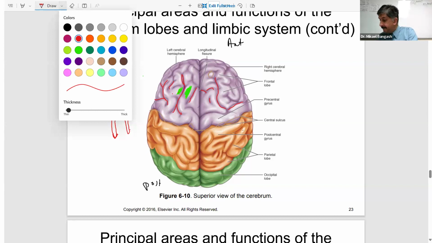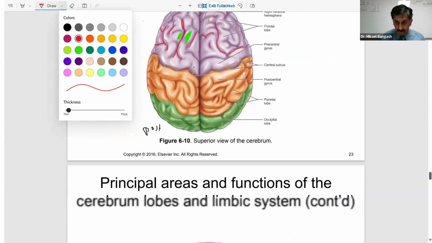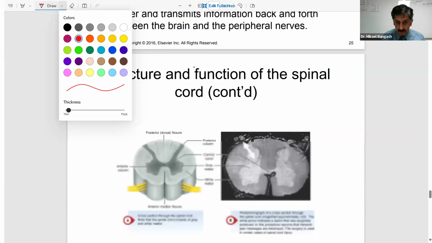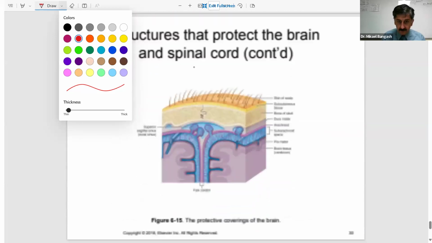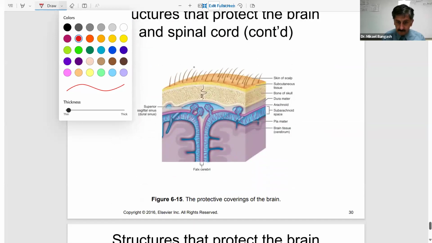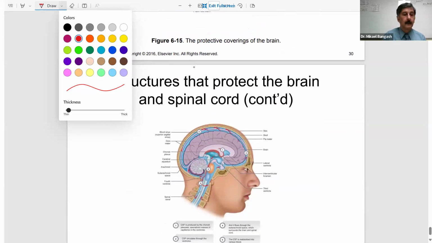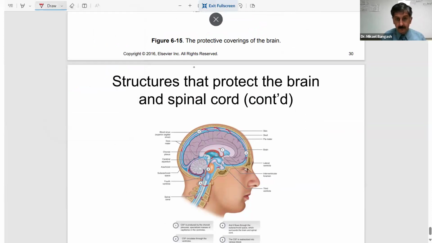Now, guys, one last thing about your nervous system will be this part here. But before we get to this one, let's just talk about one thing.